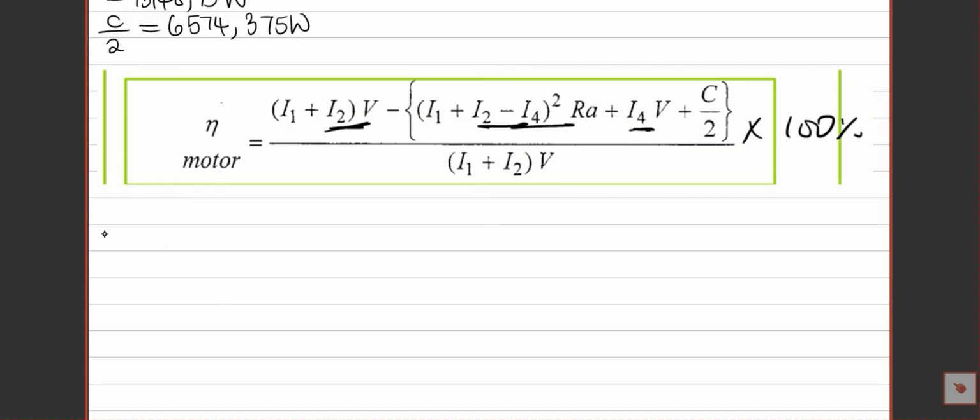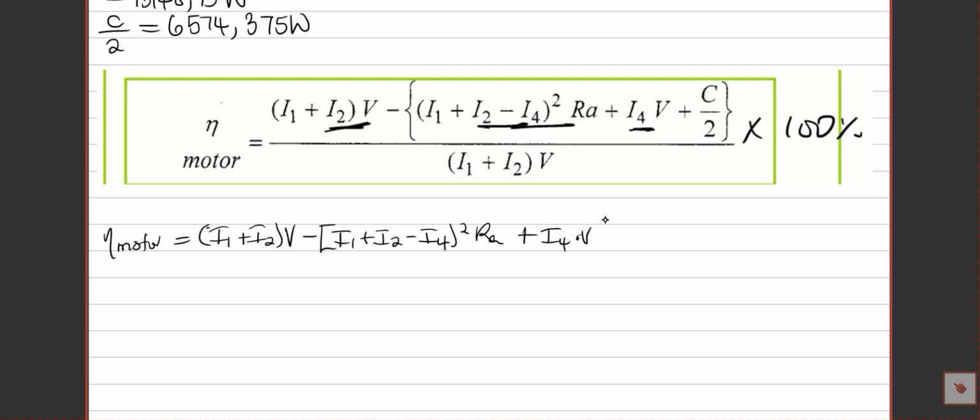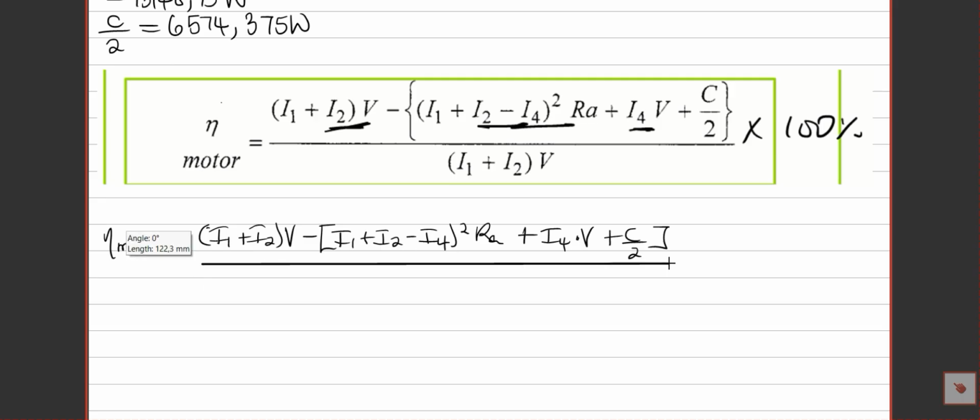So efficiency as a motor, we have I1 plus I2 minus, this is (I1 plus I2 minus I4) squared RA plus I4 times V plus C over 2, all over our I1 plus I2 times V times 100%. So that's our equation.